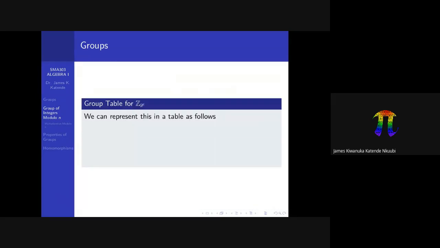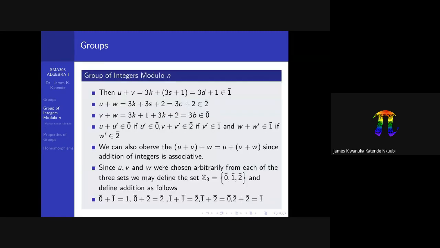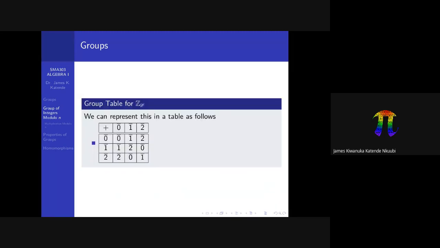So this set is actually called Z3, and we can set up a group table for it like this: bar 0, bar 1, bar 2 as the elements to be added, and then these are the results of the addition in here.